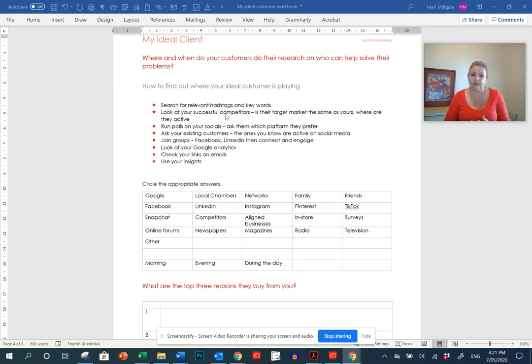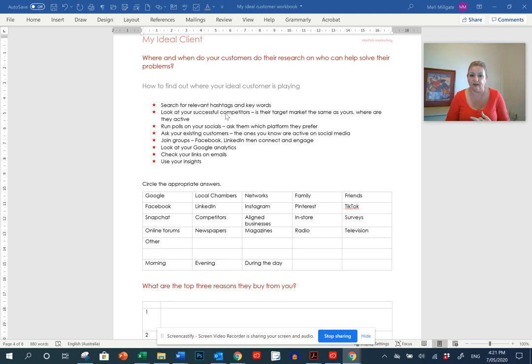Another important one is to look at your Google Analytics. Google Analytics can give you some great insights into where the traffic to your website is coming from and why, particularly in the social media space. Check if you've got links to your social media platforms in your emails, and check which ones get clicked on the most.